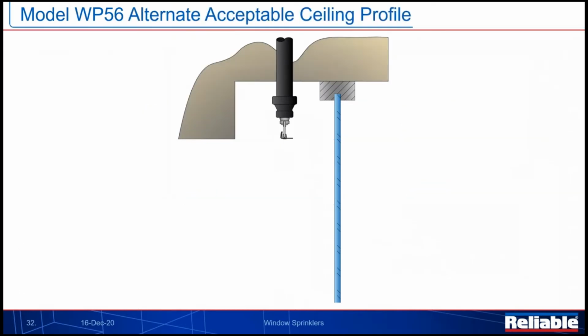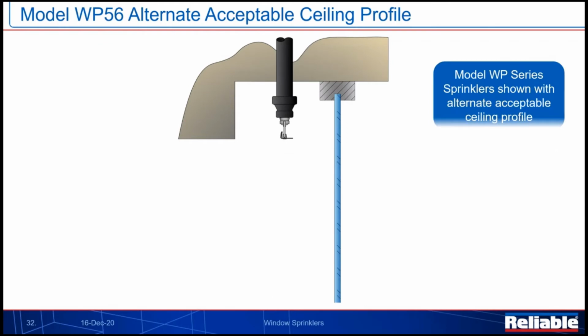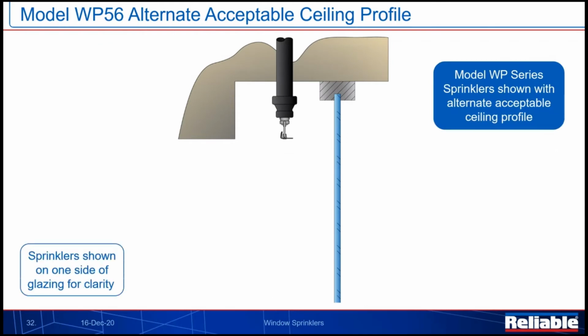When we think about these window sprinklers, they're ultimately used in architectural features, the desire to have glazing replace drywall and regular fire resistant construction materials. So when you want to put glazing in, what you really don't want to have is maybe sprinklers projecting down into the glazing and then creating an eyesore.